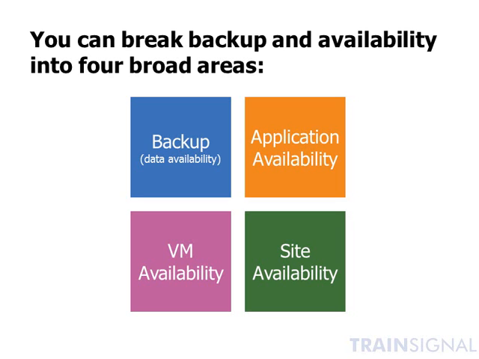We can also talk about application availability. How do we ensure that applications are accessible across the network and that they are functioning and working and providing the services that end users expect them to provide? We can talk about VM availability, which, although related to application availability, is separate and distinct. We can also talk about site availability. How do we ensure that an entire site can be kept up, or if that site goes away, how do we carry on from there?